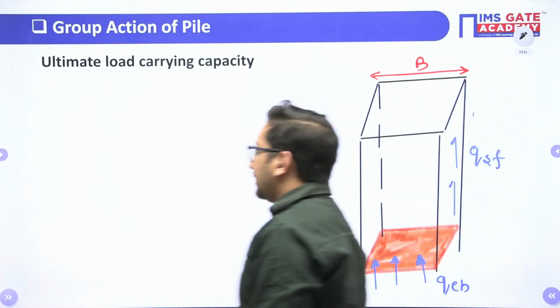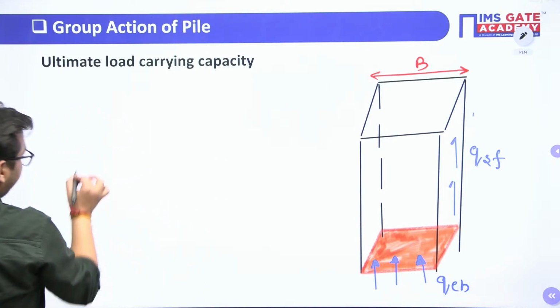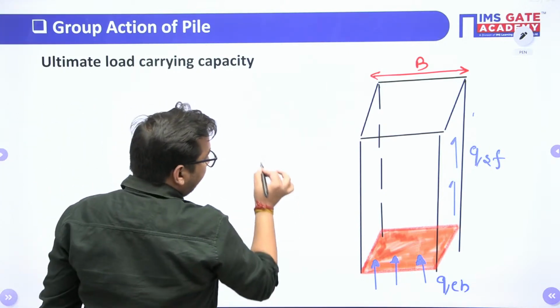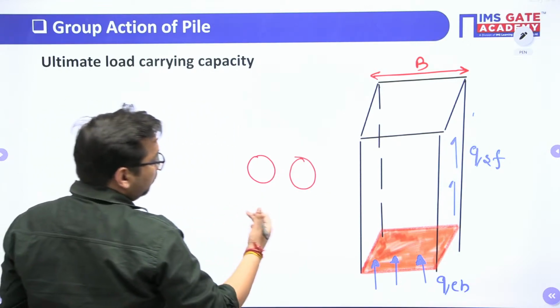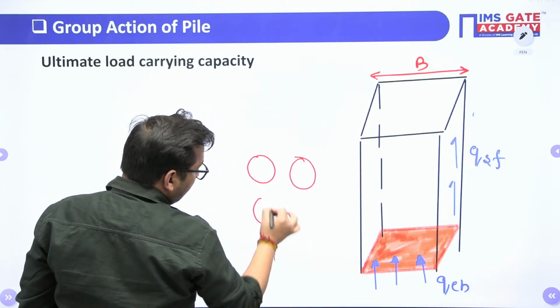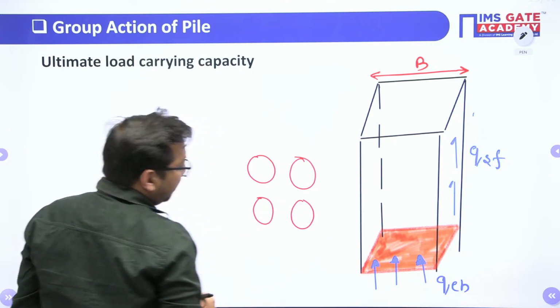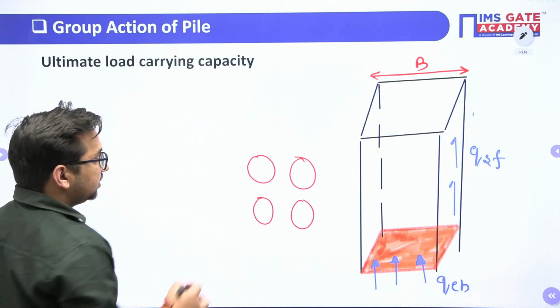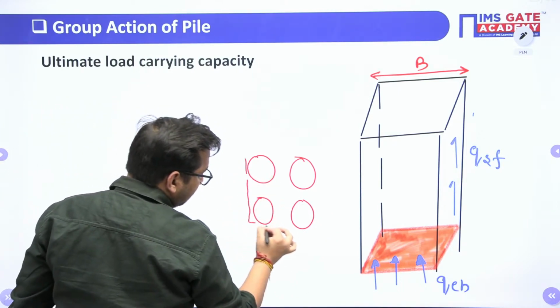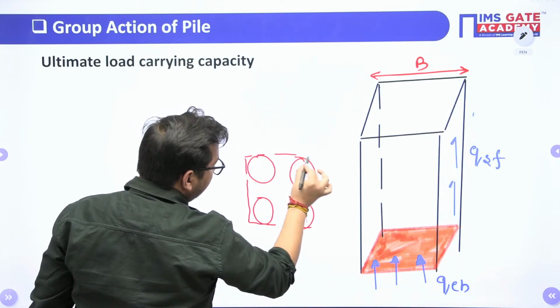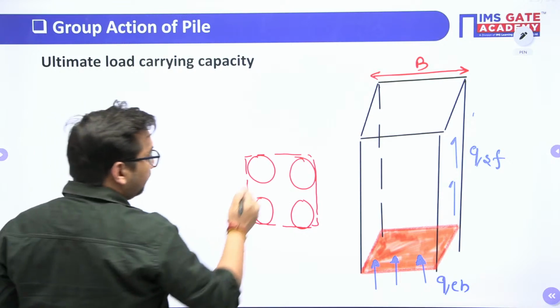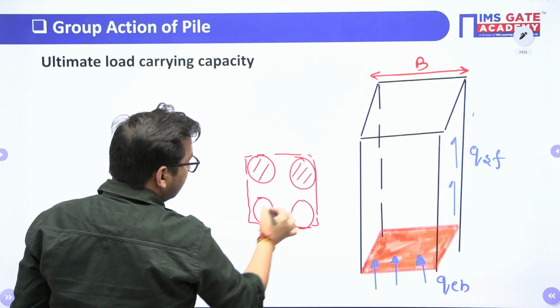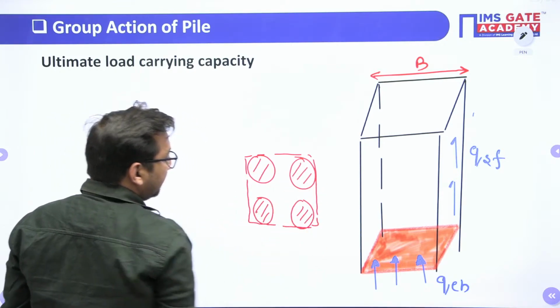So let's suppose there are two piles in a row. So there will be two columns also, right? So this is one square pattern. This is the top view of your pile foundation. So there are 4 piles.